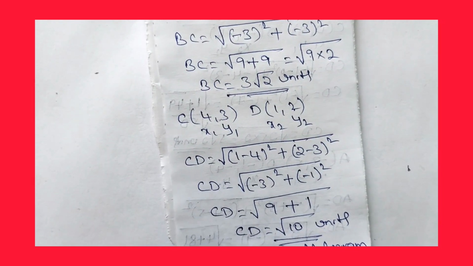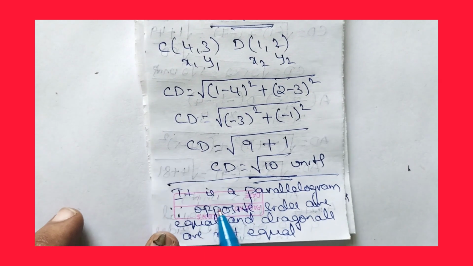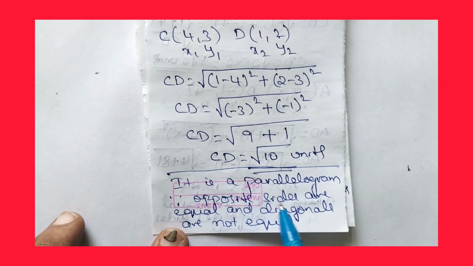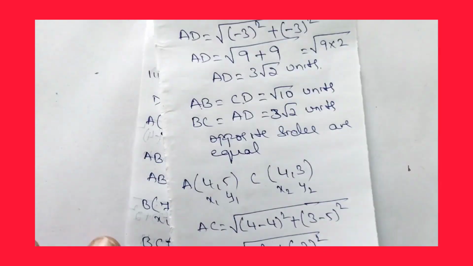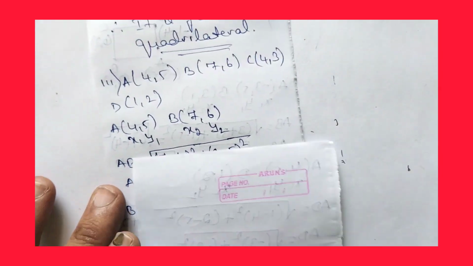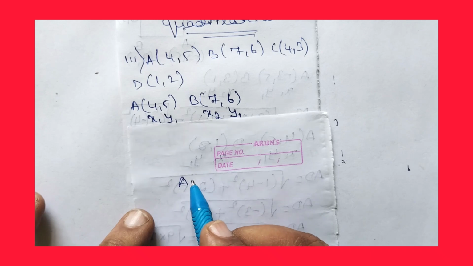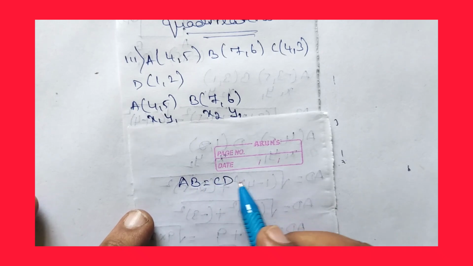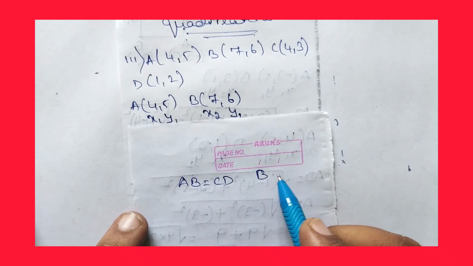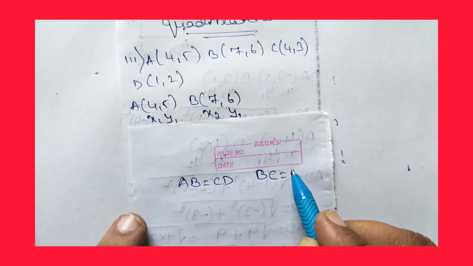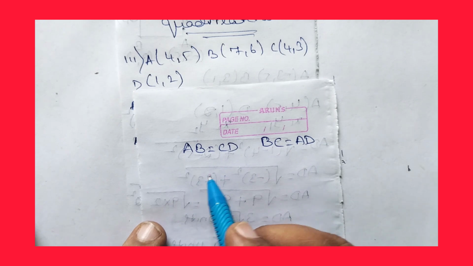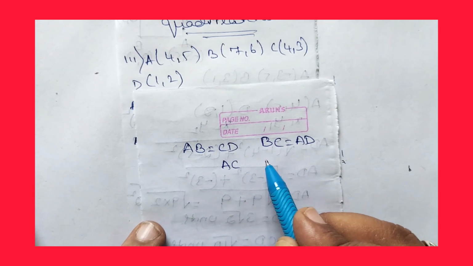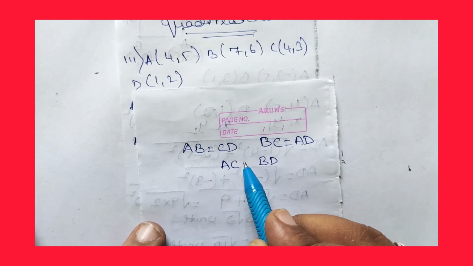So for this question the answer is that it is a parallelogram because opposite sides are equal and diagonals are not equal. Which are the opposite sides that are equal? AB is equal to CD and BC is equal to AD. But the diagonals AC and BD are not equal.